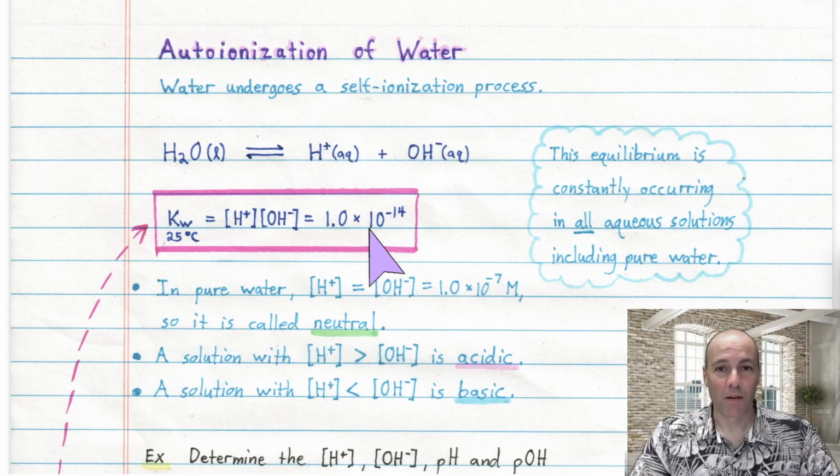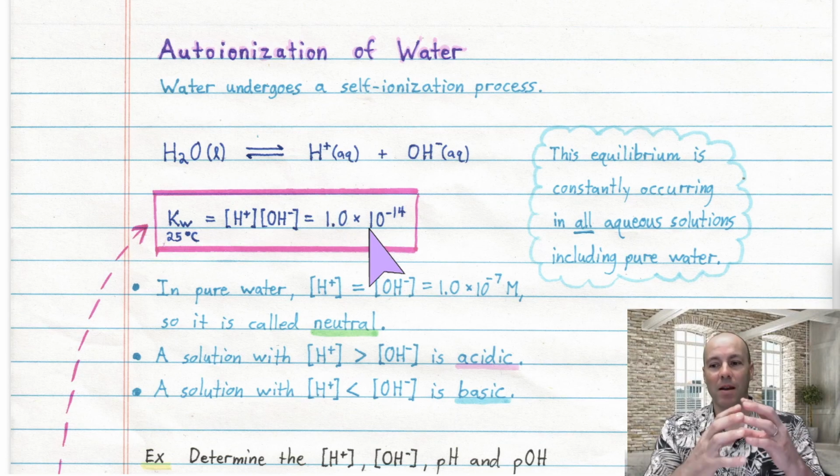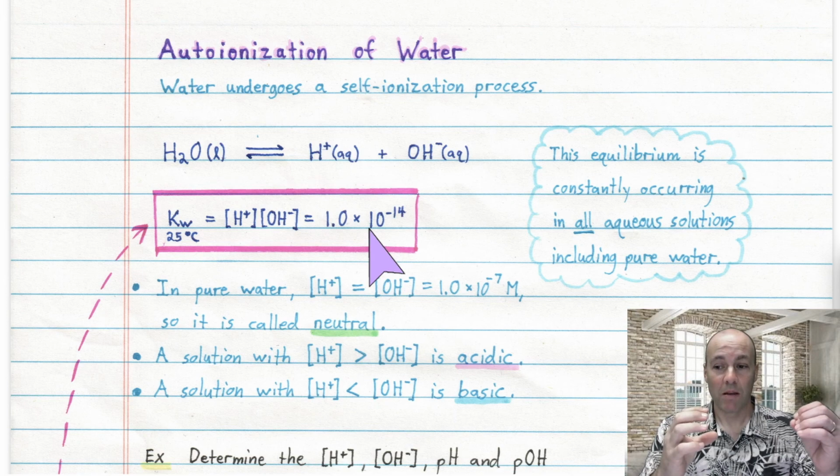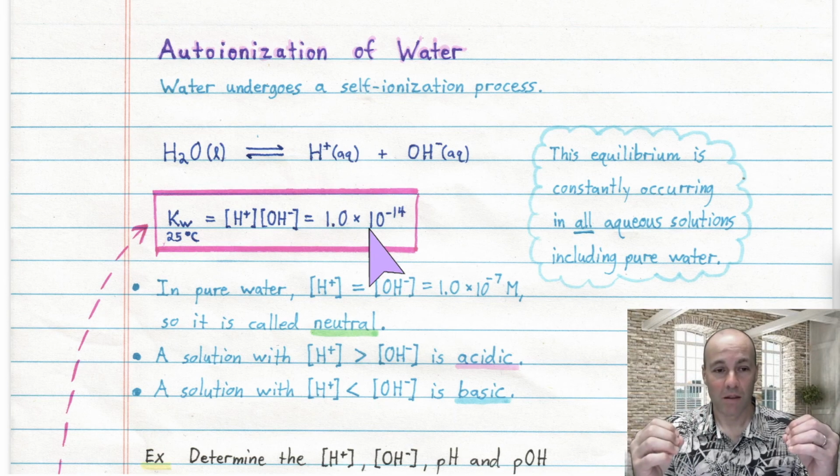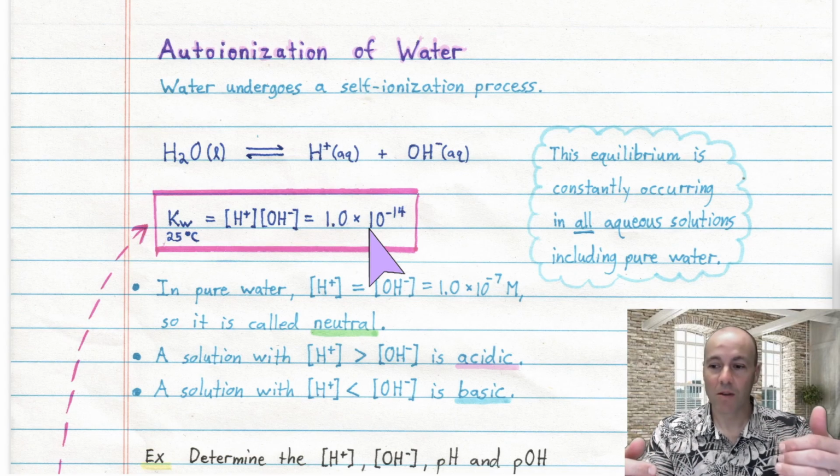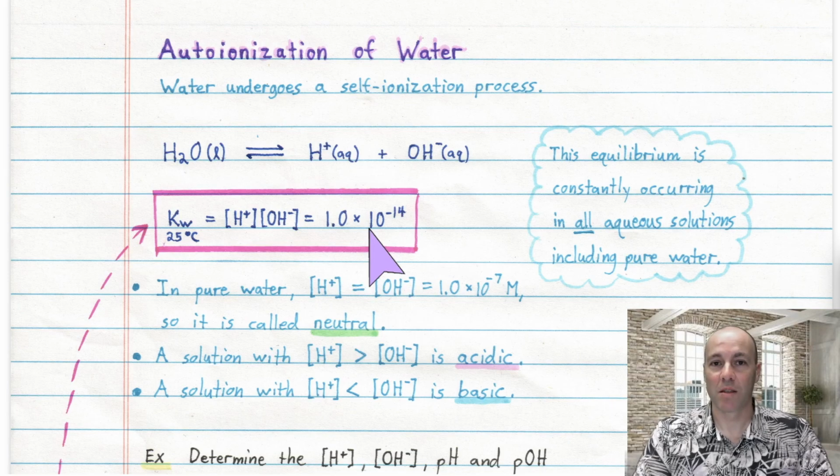If it is pure water, then every time a molecule splits apart, there would be a proton and a hydroxide ion. And therefore, the number of protons will always equal the number of hydroxides because they each came from a water molecule.